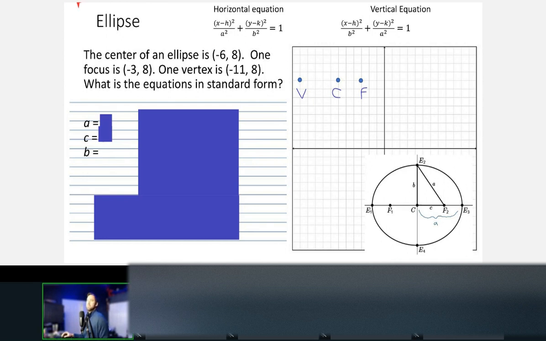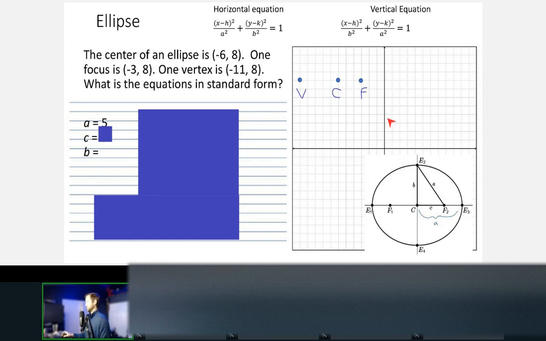All right, then plotting these points, we can easily find our a value. So what is the a value of this? Yeah, it's 5. So the a value is the distance from your center to a major vertex. So that distance is 5 units. And then what's our c value?